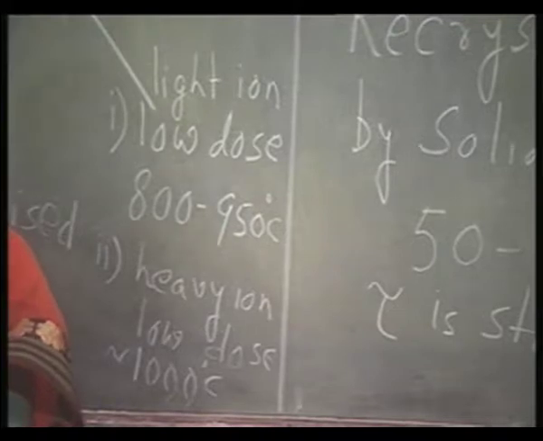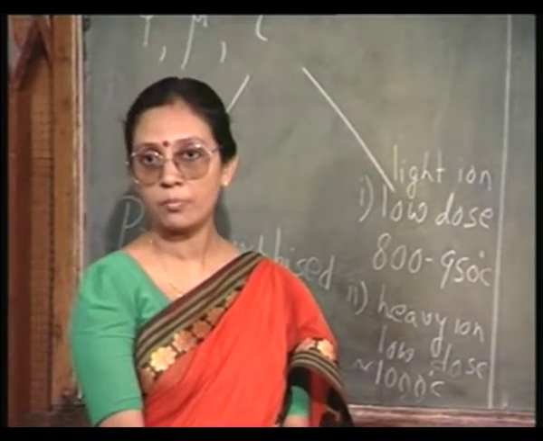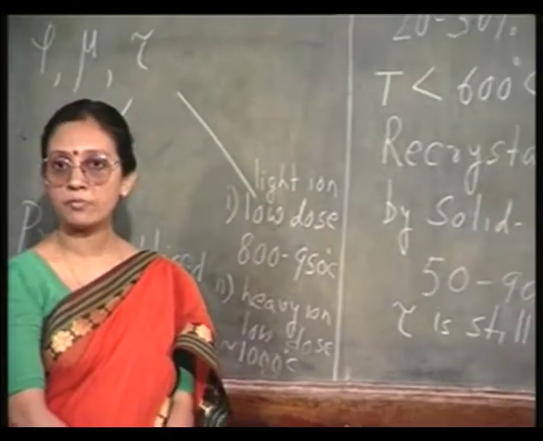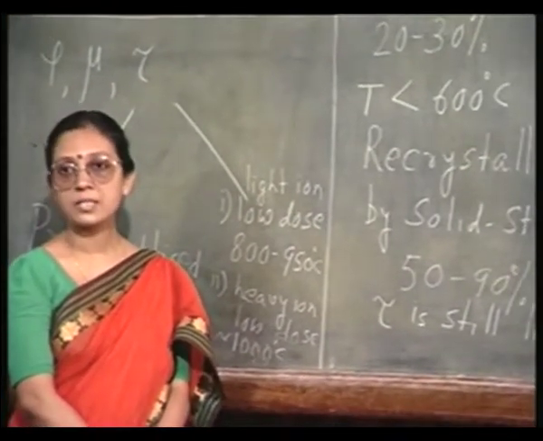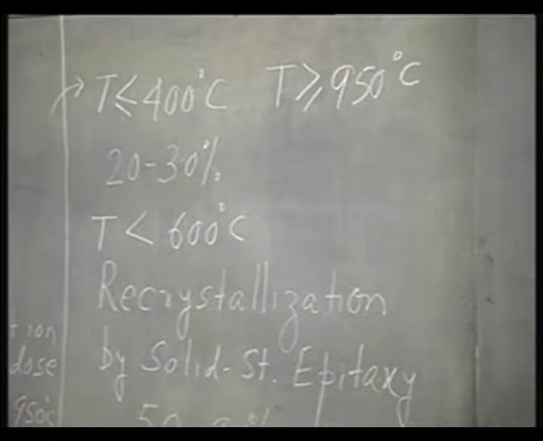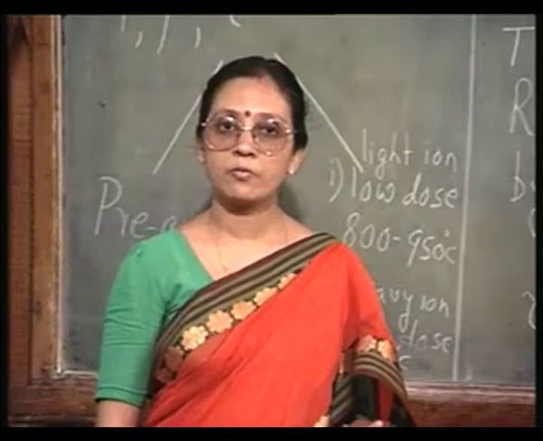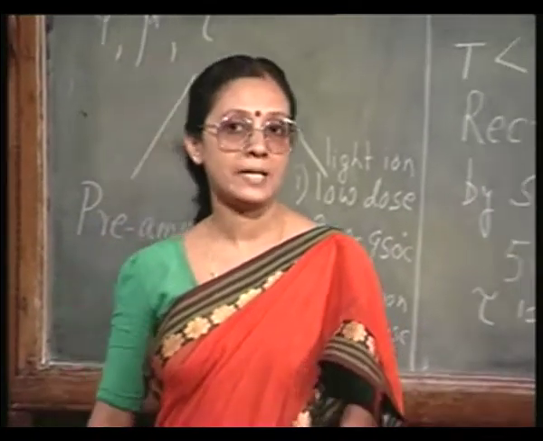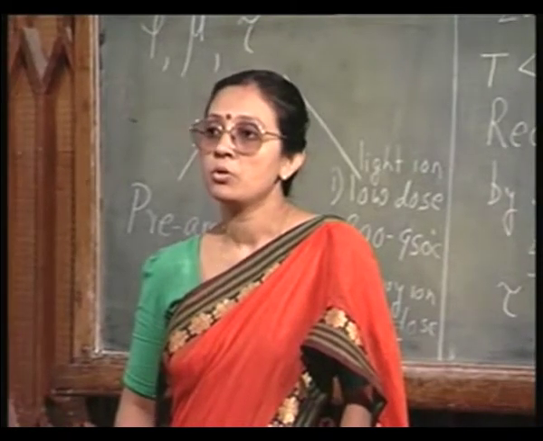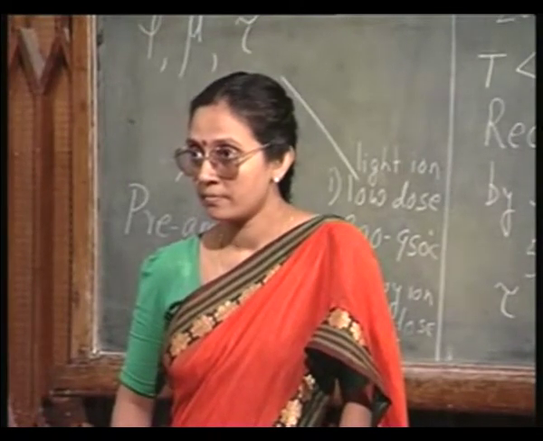So, if the lifetime recovery is not very important to me, I would much rather go for a pre-amorphized material where by 600 degree centigrade I get back 90% carrier activation, if that is my only criteria. So, what I am trying to point out is pre-amorphization is not a bad thing. In fact, in some cases it can be used to your advantage.